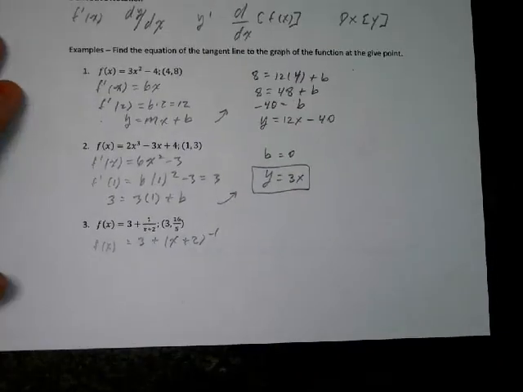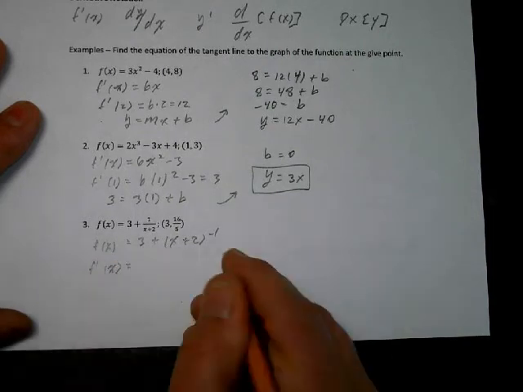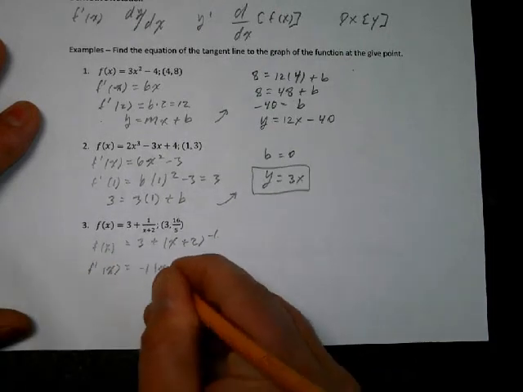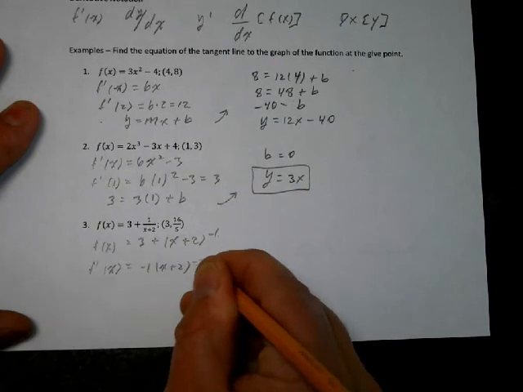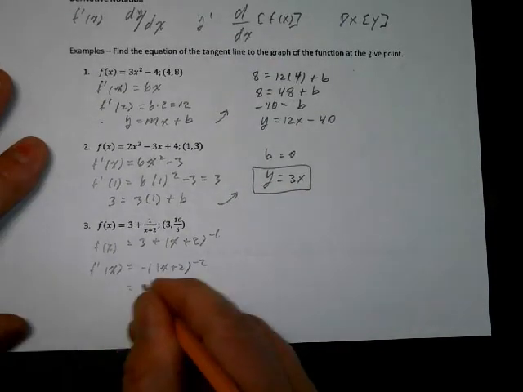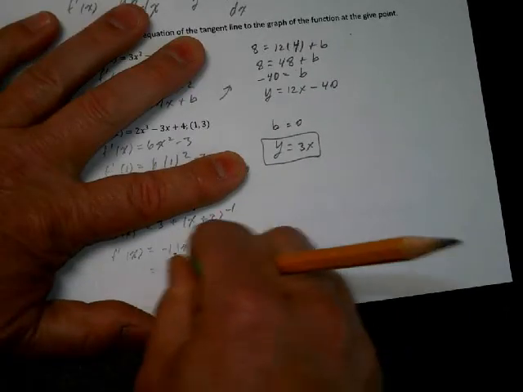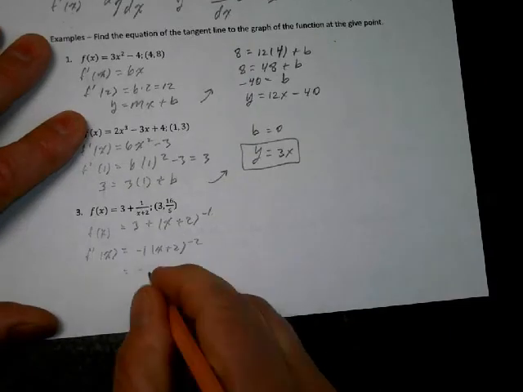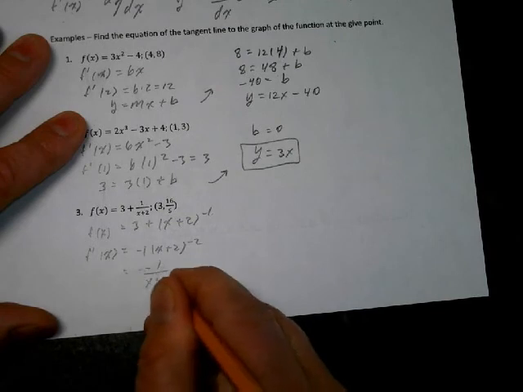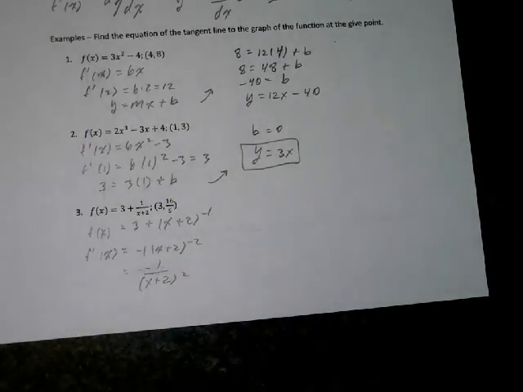It's just easier to find the derivative that way. Now I find the derivative. Bring down the negative 1, rewrite the inside, subtract the exponent by 1. I'm going to rewrite this as negative 1 divided by (x plus 2) squared.